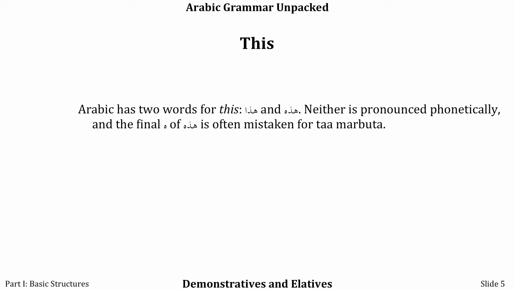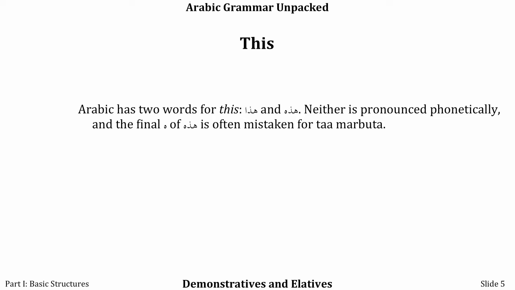Notice that هذا and هذه are both pronounced as if they have alifs after the letter ha and before the thal, and that's because long ago they did, but gradually their spelling shifted. Sometimes we will write them with a little dagger alif, a little superscript alif, in very formal text such as religious discourse, but most of the time we just leave it like this and pronounce them non-phonetically.